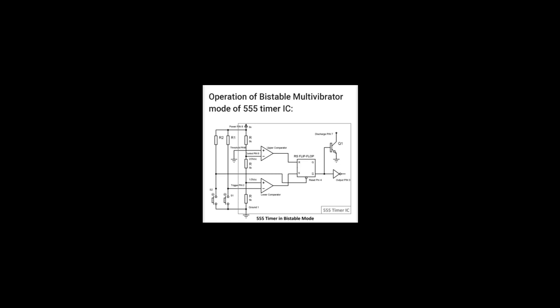Threshold pin 6 can be kept open, but we have connected it to the ground so that the flip-flop can't be reset using pin number 6 and can only be reset using the reset pin. So in this way, at any point of time, bistable multivibrator shows either logic low, that is 0, or logic high, that is 1 value.